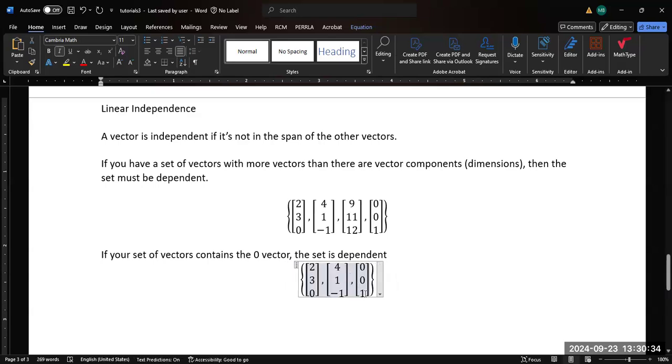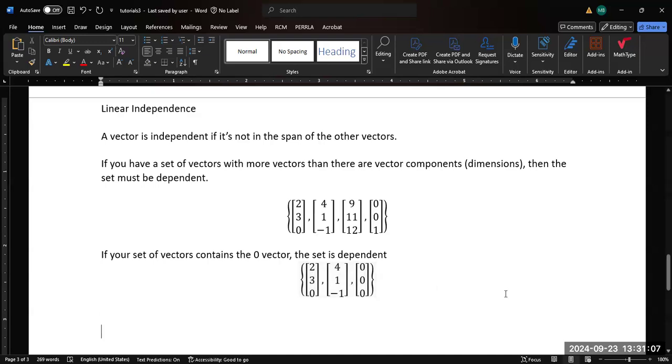If any of them is 0, then the set is dependent because I can multiply 0 by anything and add it to another vector, and I can treat it as a linear combination of the 0. So again, I can multiply both of these by 0 to get 0. It is a linear combination of the other vectors. So again, anytime you see the 0 vector, the set is dependent.